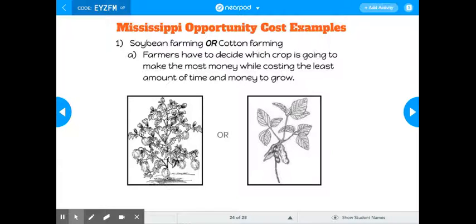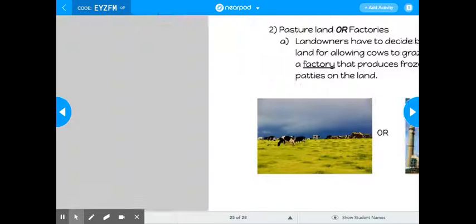They try to get the most profit. Am I going to make the most if I plant cotton this year? Or am I going to make the most if I plant soybeans? I can't do both. So whatever I give up, if I choose to plant cotton, then soybeans would be the opportunity cost, because I can no longer plant soybeans.